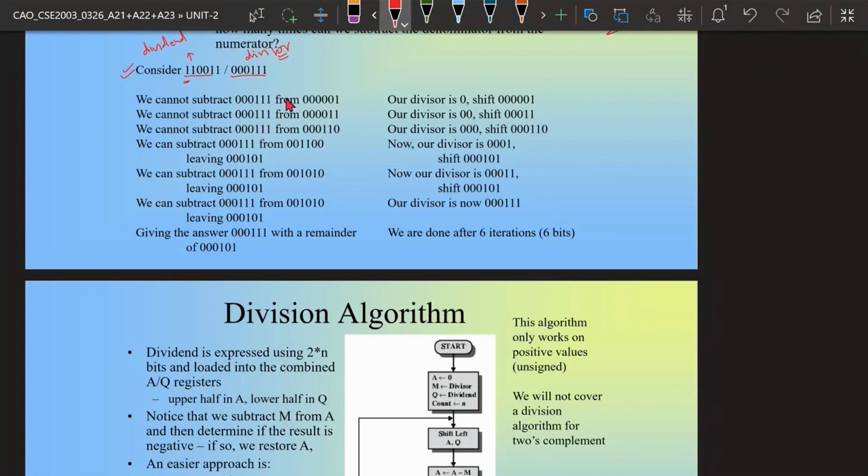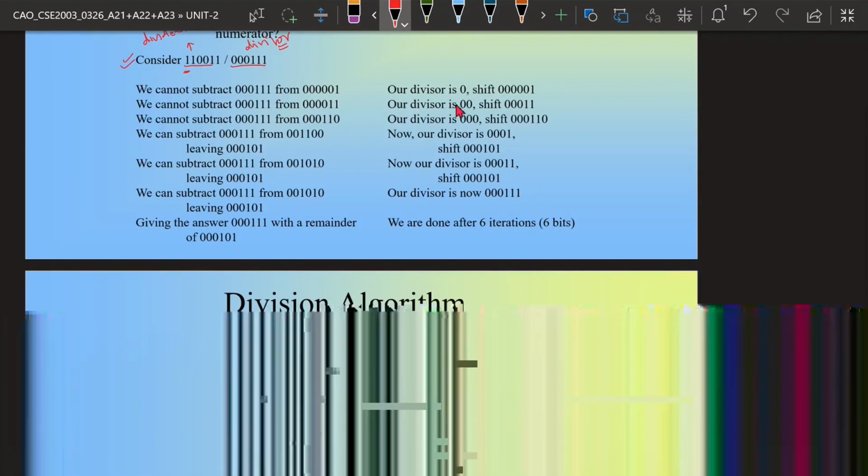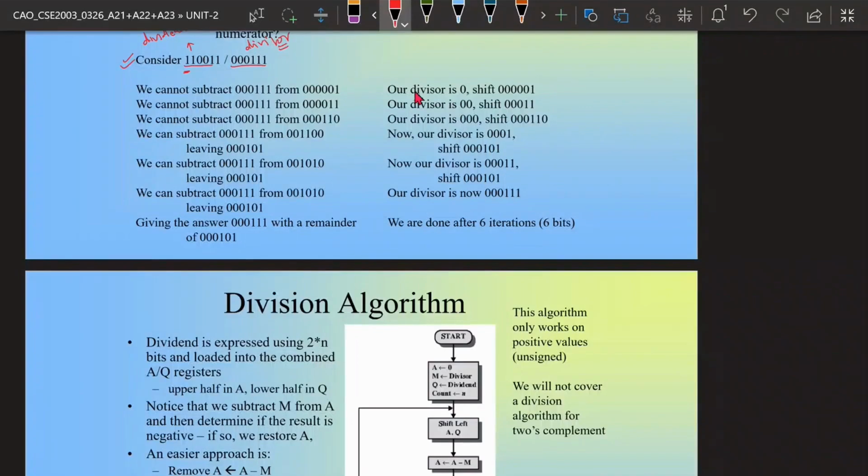Once it is not divisible, we should be considering 0 as the quotient in that case. Here again, we will be subtracting this number from the shifted one. Once we shift it, it is 0, 0, 0, 0, 1, 1, and again this cannot be subtracted from here. So again the quotient is 0, and then we will be shifting again.